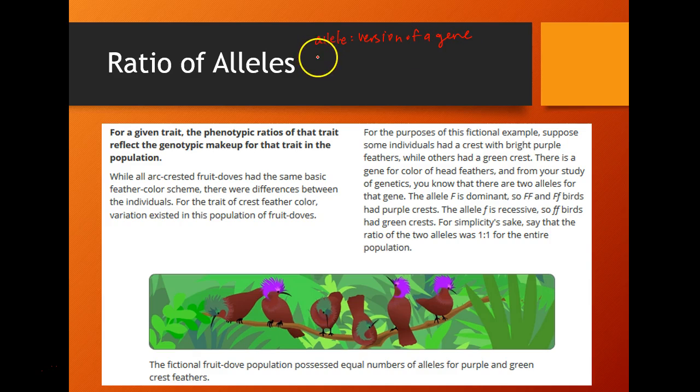Some other important words you need to know are the words genotype and phenotype. So remember, genotype are the alleles that an individual has for a specific trait, whereas the phenotype would be the physical appearance.